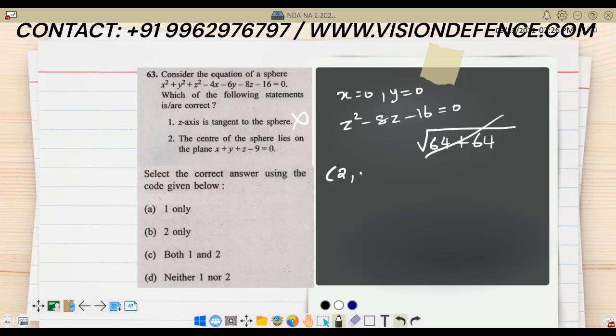So the center is going to be 2, 3, 4. Let's check whether this satisfies the plane equation. 2 plus 3 plus 4 minus 9: this is 9, and 9 minus 9 is equal to 0. So the center of the sphere lies on the plane x plus y plus z minus 9 equal to 0. So 2 only is the right answer.